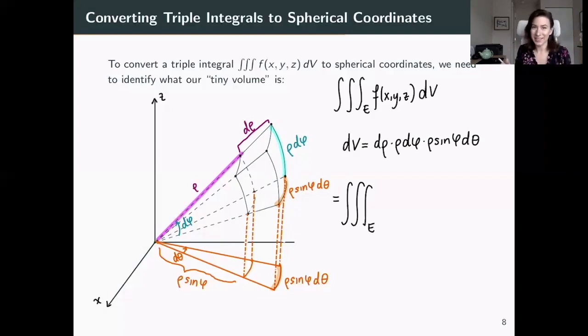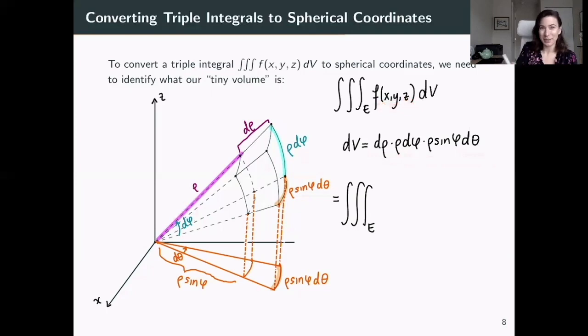And here's where things get a little bit complicated. We're going to have to replace not only our dV with this expression, but also x, y, and z with their corresponding expressions in spherical coordinates.